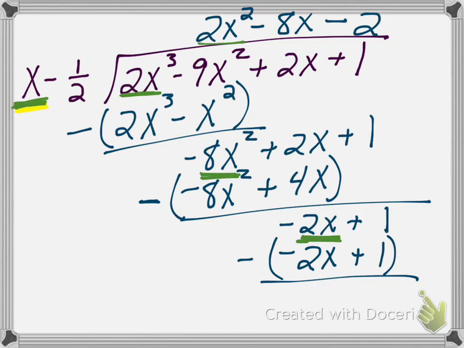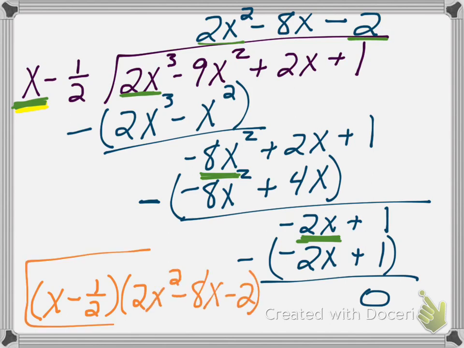What do we need to multiply x by to get -2x? And that would be the -2. And we see that we get a remainder of 0. So that means our polynomial factors as x minus 1/2 times 2x squared minus 8x minus 2.